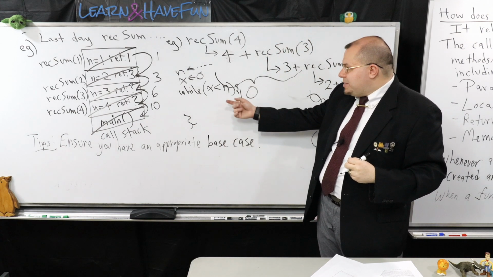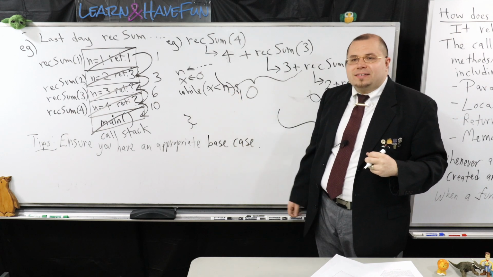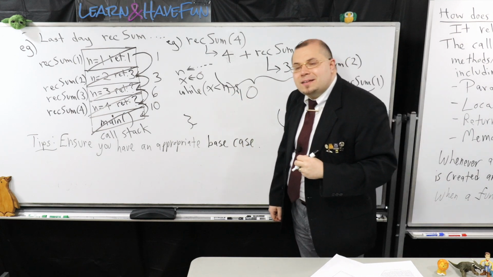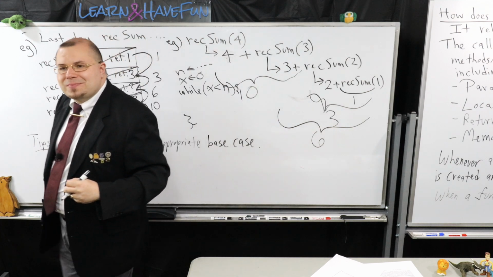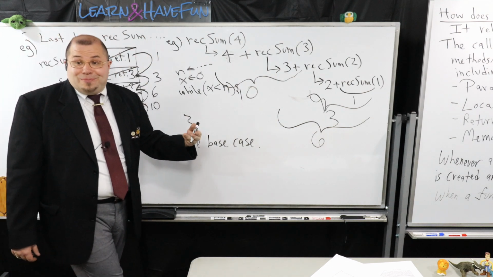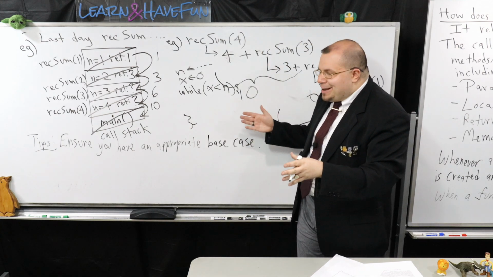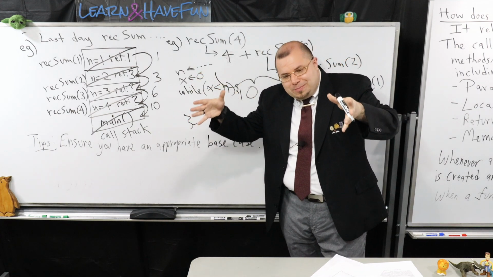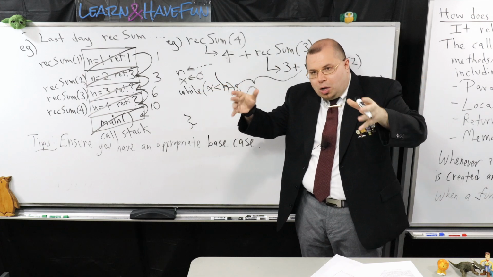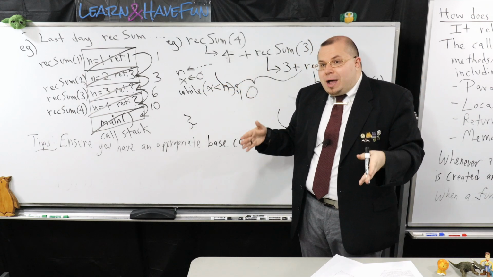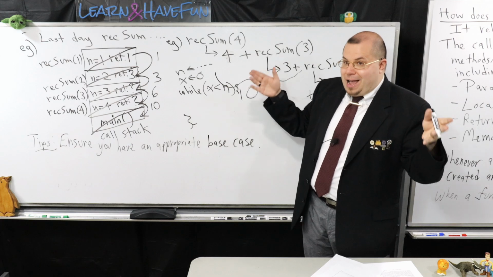What would happen with this while loop if I don't modify x? It goes into an infinite loop, right? So here's the thing. If you don't make sure that the problem instance you're considering is getting smaller in some way, you might have the same thing happen.